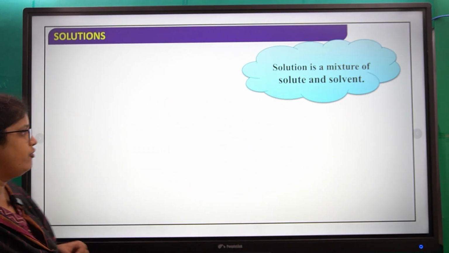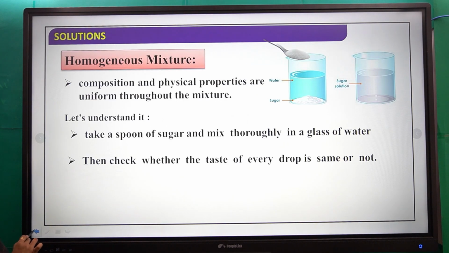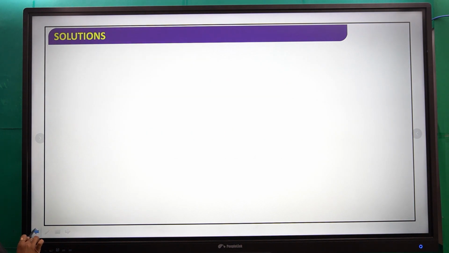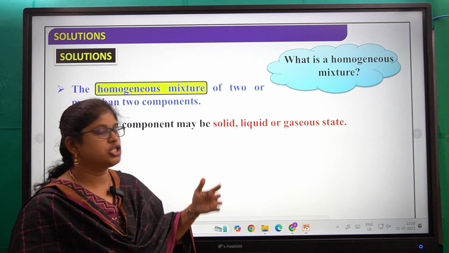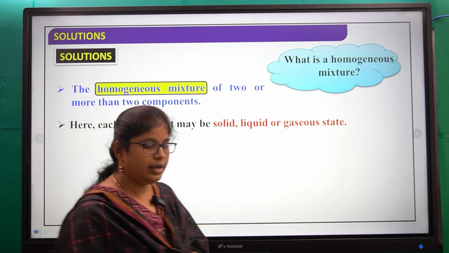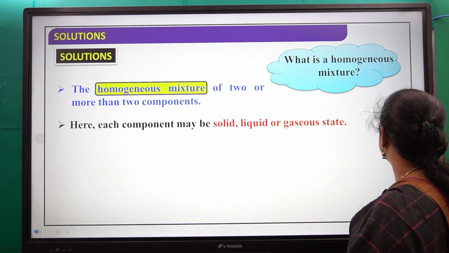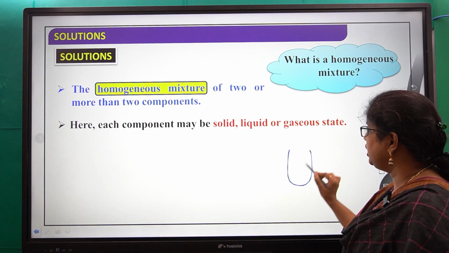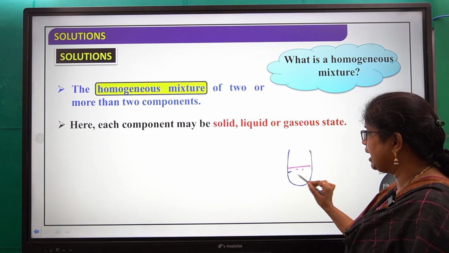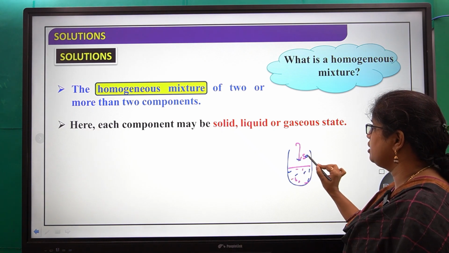And here we discuss one more point. Each component may be in solid, liquid or gaseous state. For example, if you take the sugar solution, we have taken water and we are adding salt or sugar.